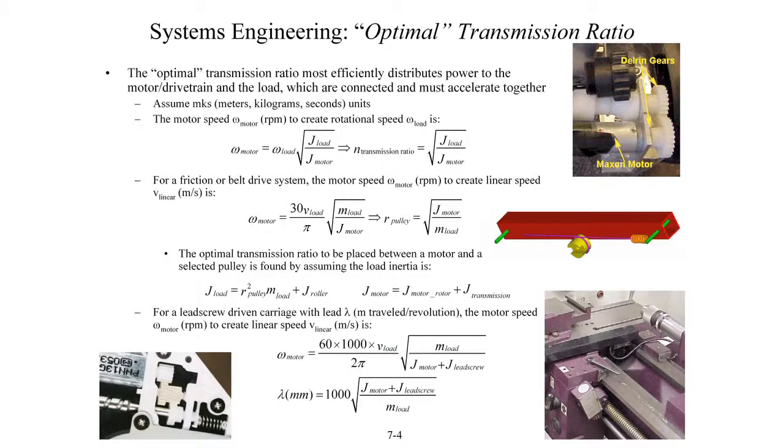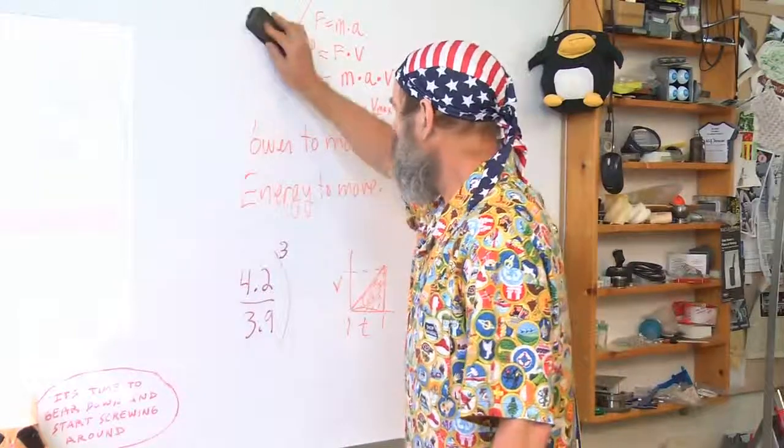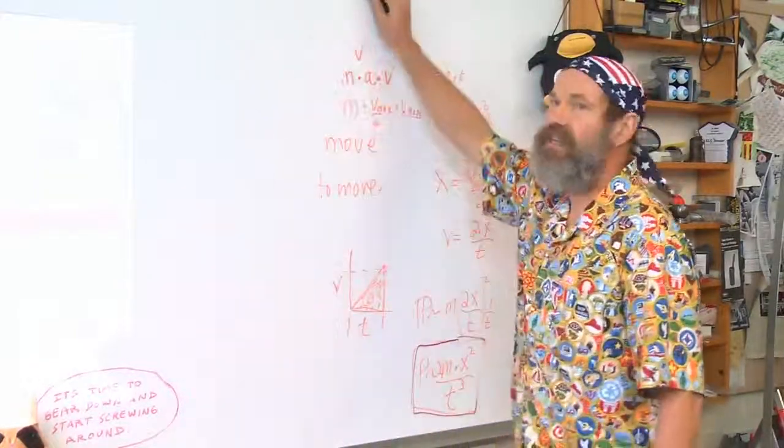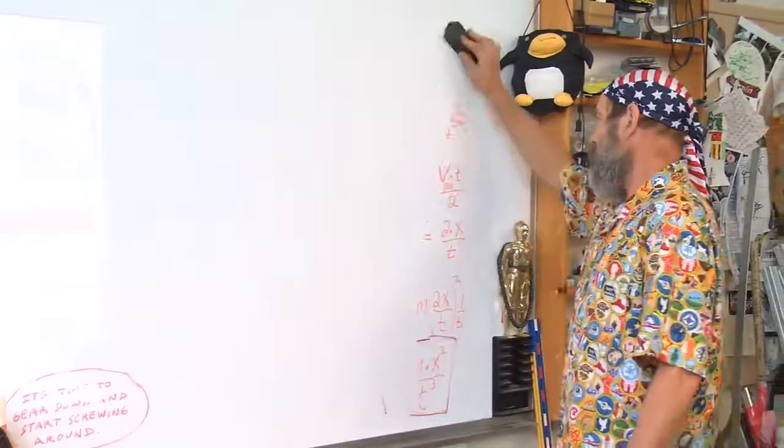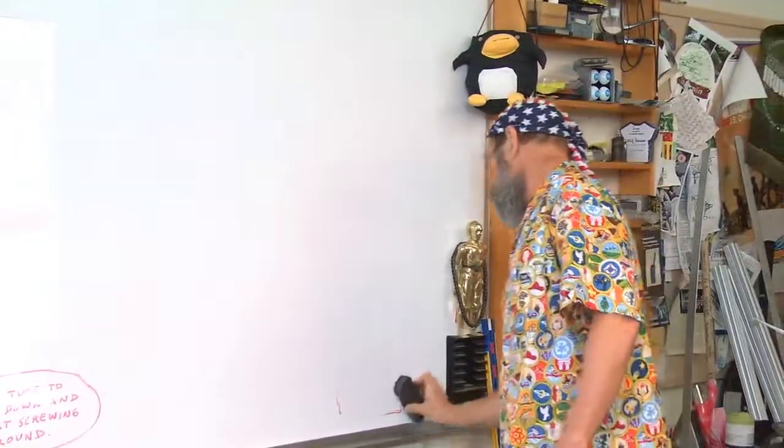So the next thing that relates to this is, okay, you figured out just the amount of power you're going to need. How do you get it there? And should you have an engine or a motor that goes 10,000 RPM and gives you 100 RPM output, or 20,000 RPM for your 100 RPM output? What is the best?